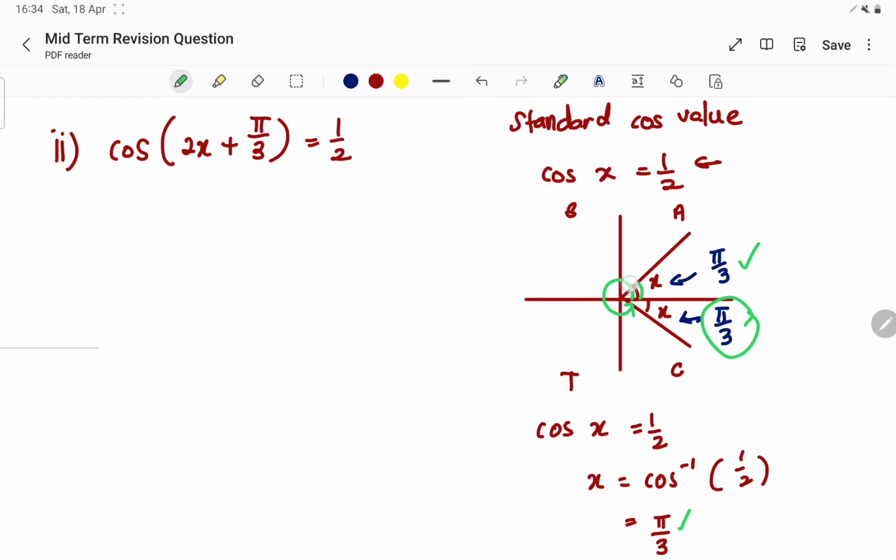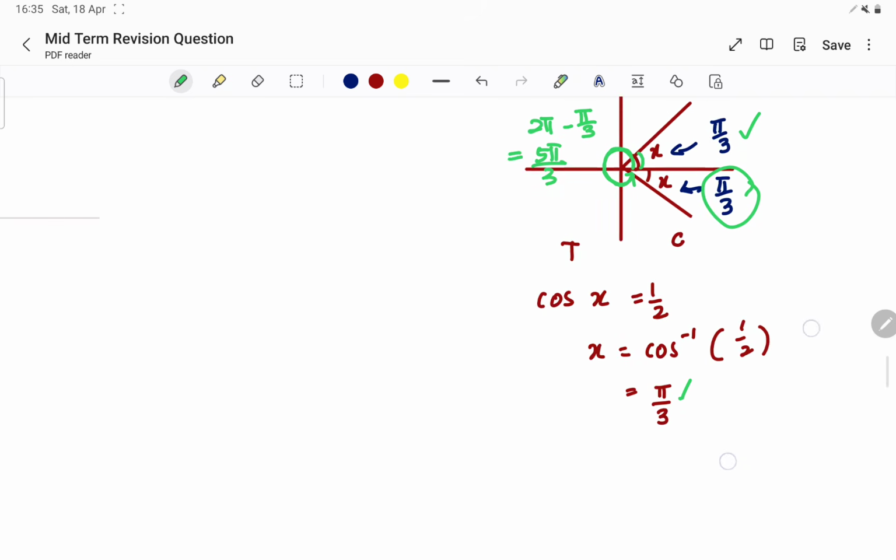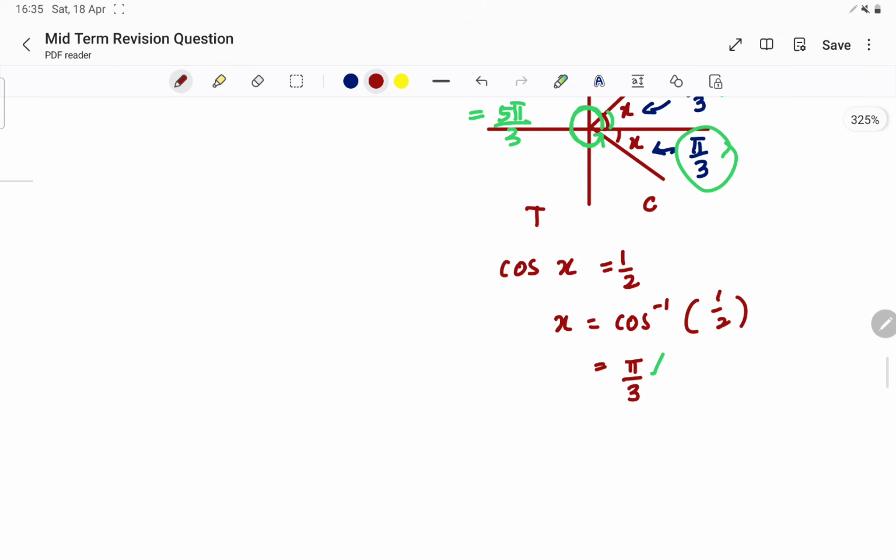So to find the value of x starting from the horizontal axis to the line that you have here, because one rotation is 2 pi, right? So 2 pi minus pi over 3, then you're going to get equal to 5 pi over 3. So another value of x that you have here is 5 pi over 3.